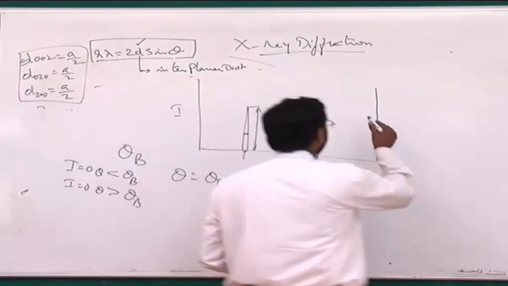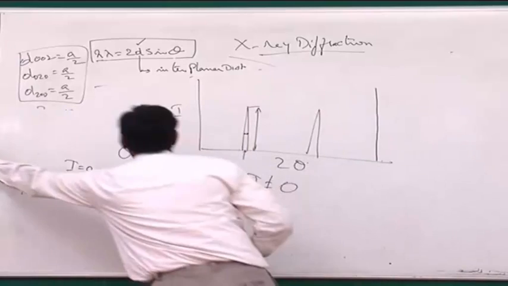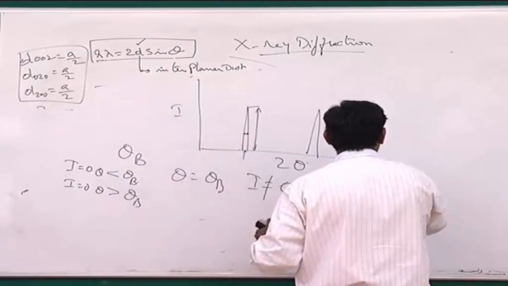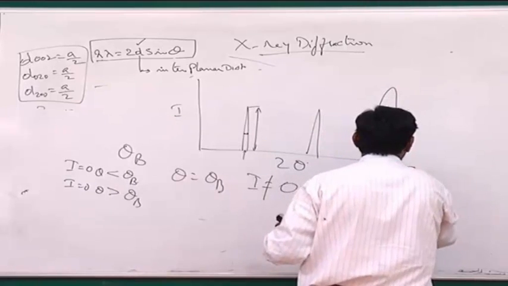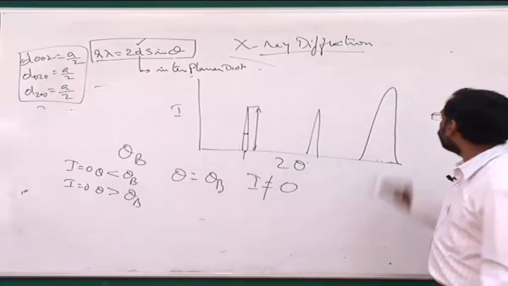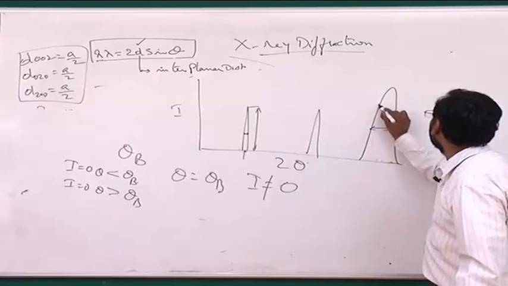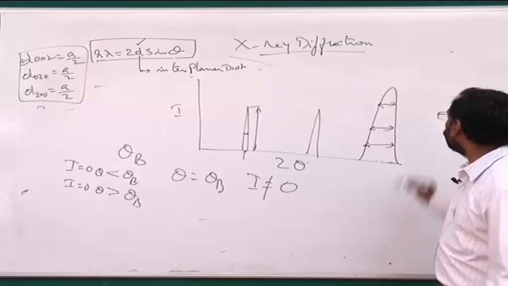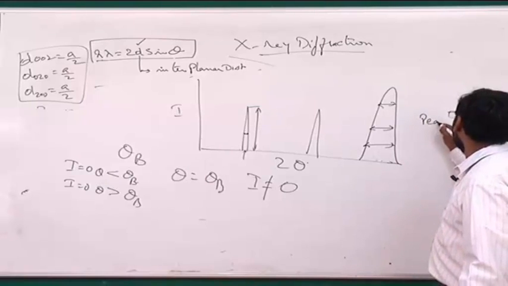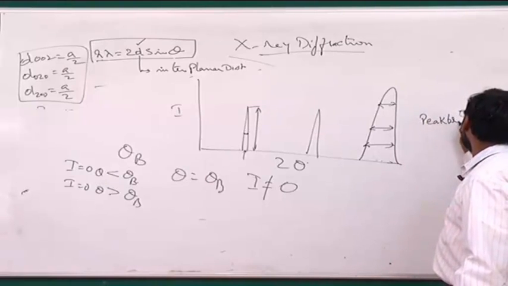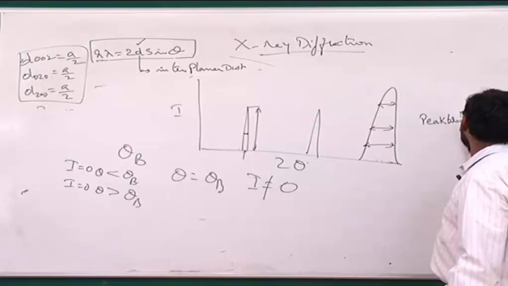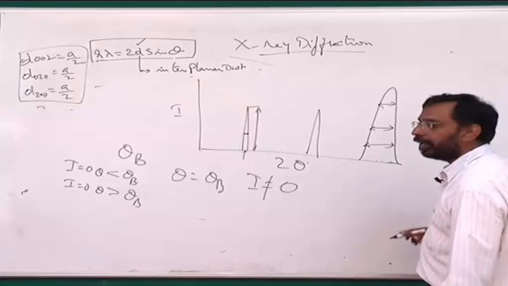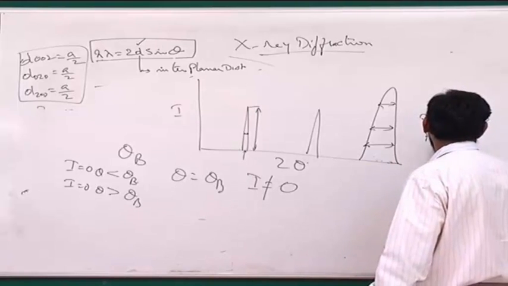And you see that the XRD peaks usually will have, rather than a line like this, a profile like this with certain breadth at various positions. And this is what we call peak broadening. And this peak broadening is characterized by what is called FWHM.